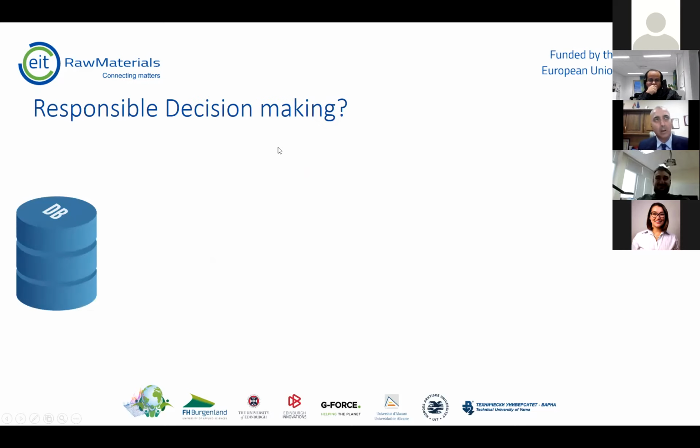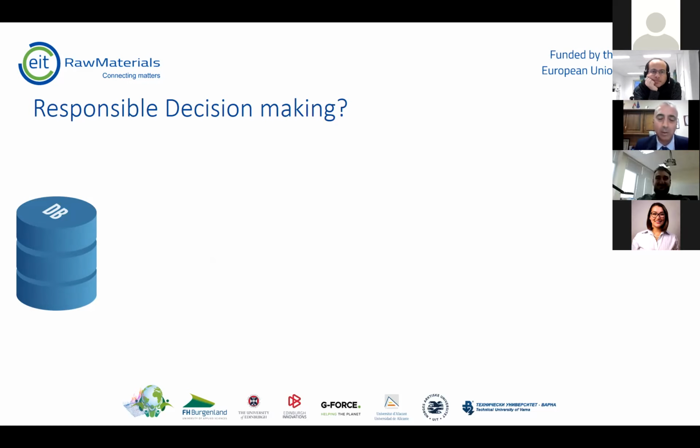And here comes the question of responsible decision making. I mentioned this already several times, that decisions are made based on models, and models are built based on data.